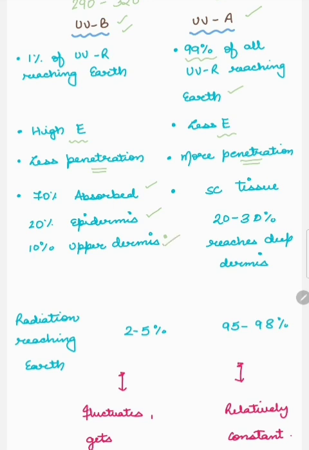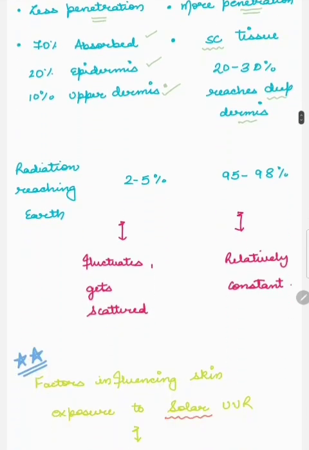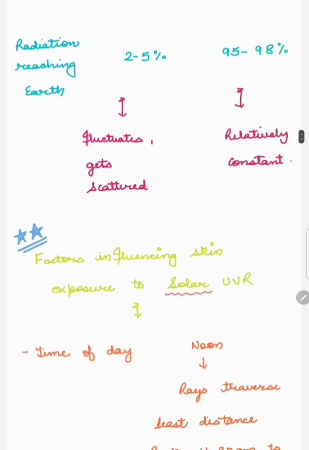But UVA reaches deep. It will go till the subcutaneous tissue, and 20 to 30% of it will reach the deep dermis. Of all the UVB radiation being generated by the sun, the radiation that reaches the earth is 2 to 5%.